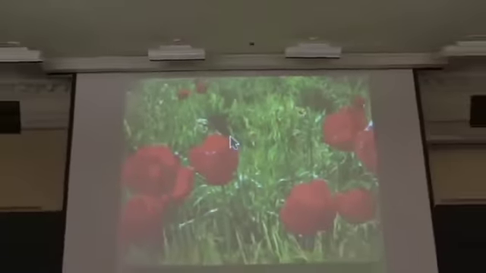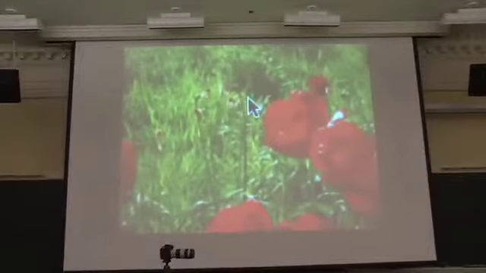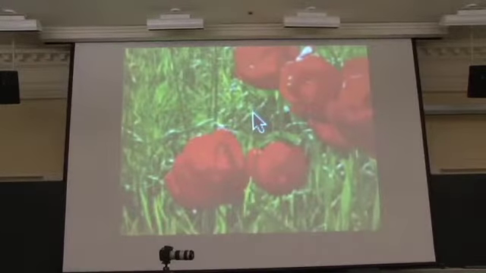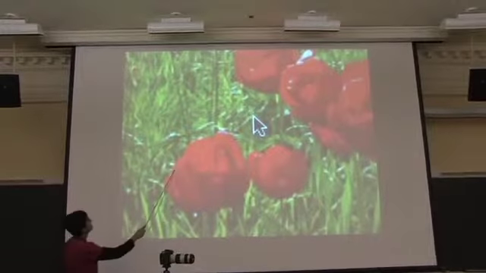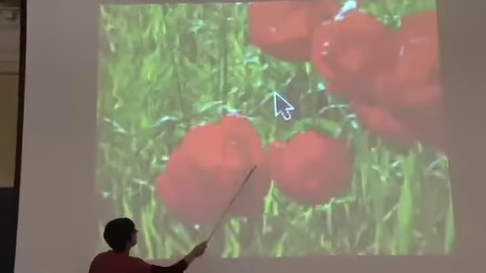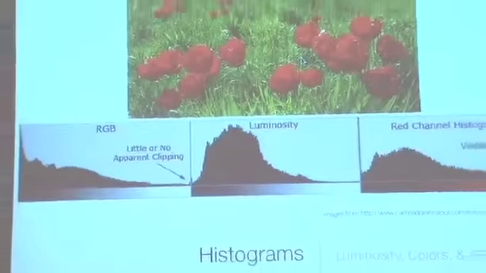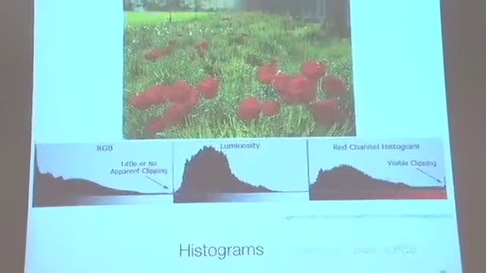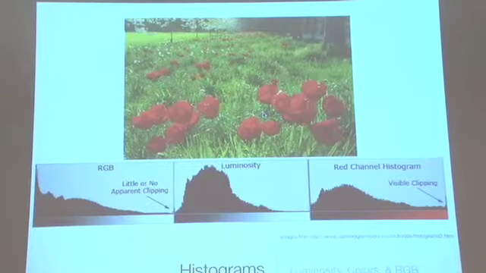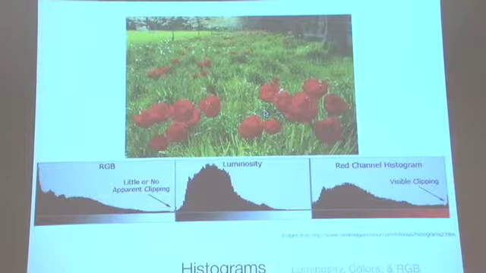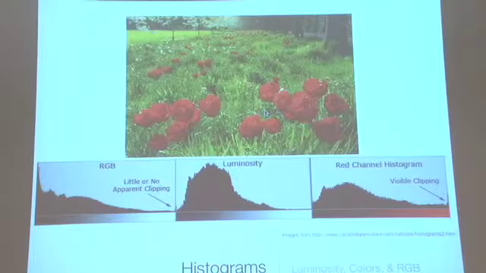If we look at the detail that exists within some of these flowers, you can see the shape of the flower, and here you can see some of the detail, but in some of these very bright regions, you've lost the detail in that flower. So yes, it looks bright, and in this case it looks properly exposed, but we've actually lost some of the detail that's most important to this photograph, the actual flowers themselves. So this is something that you have to be watchful for.